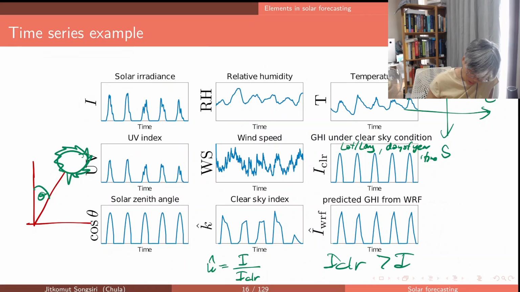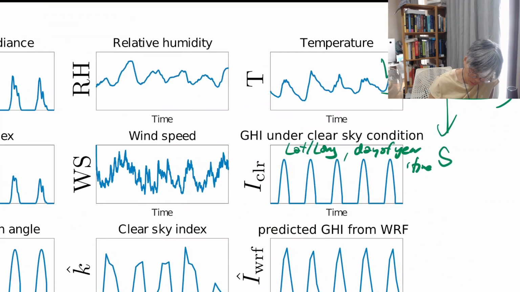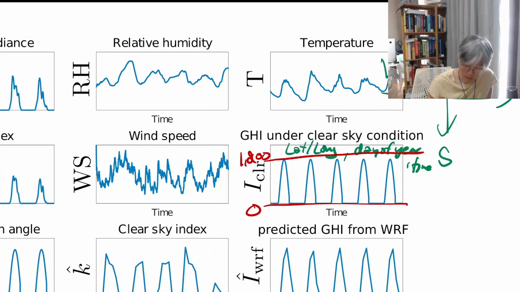I forgot to give you the physical range. This would be like 0 to 1,000 something, and depends on your geographical location. In Thailand, I would say it's at most not more than 1,200.